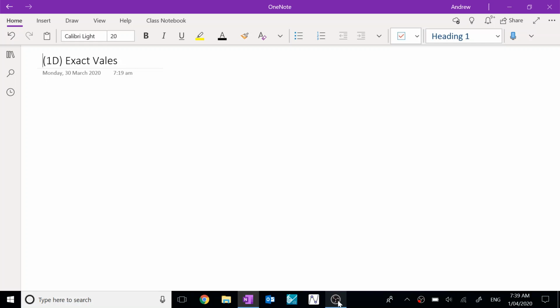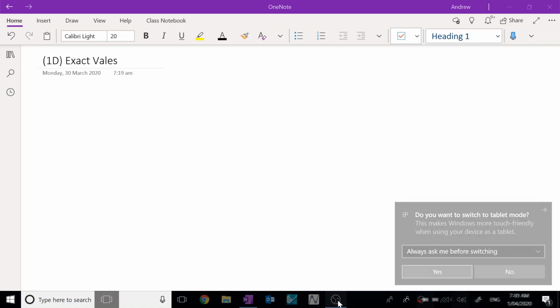So now we're going to get into exact values, okay? And this is probably one of the more important topics in trig that we really need to get a handle of, figuring out exact values of certain angles.